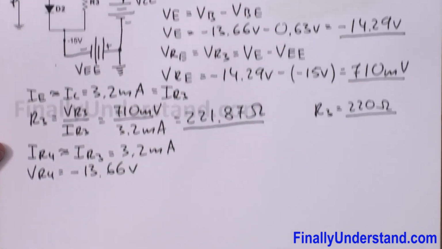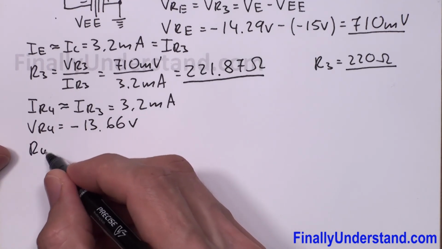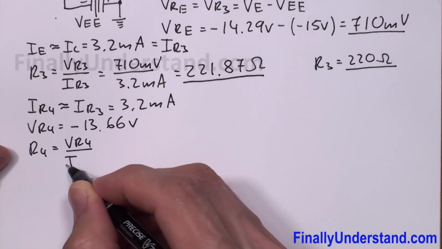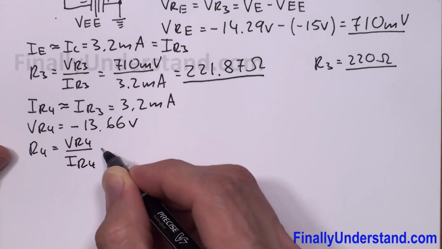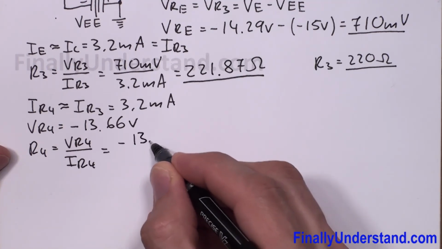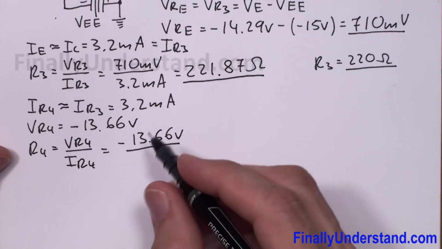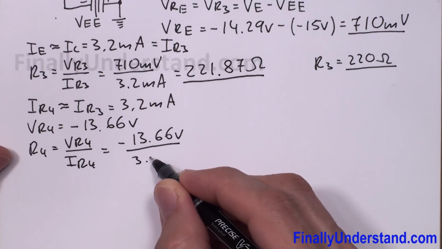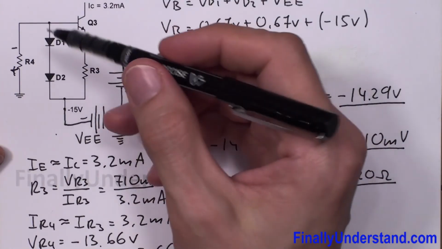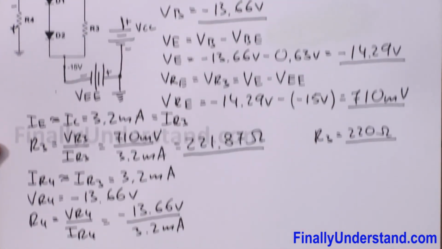So if you are going to calculate resistance R4, it is equal to VR4 over IR4. So VR4 is equal to negative 13.66 volts divided by IR4, 3.2 milliamps, but because we are looking at this resistor from the base, I'm going to write a negative sign over here.